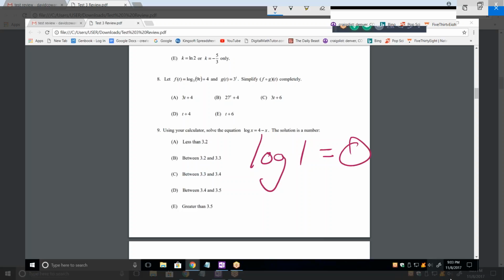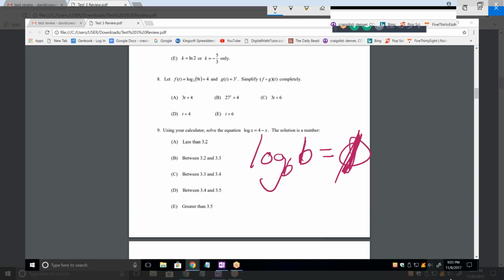Yes, no matter the base. That's because b to the 0 power is equal to 1, no matter what b is. So the log of 1 is always 0. The log of b is always 1. So those are two pretty powerful things to know.